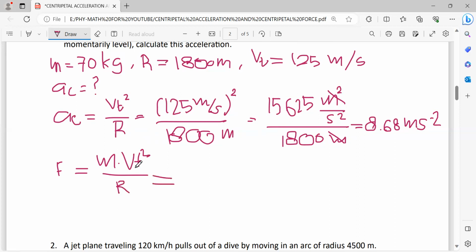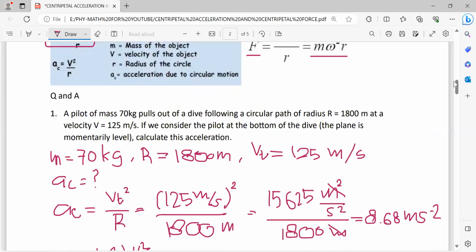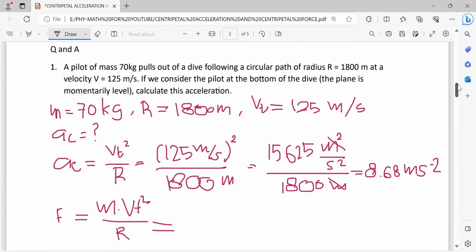You may substitute m as 70 kg, Vt as 125 meters per second, and radius as 1,800 meters. You may calculate that. This is your part.